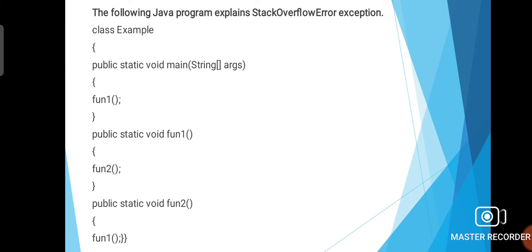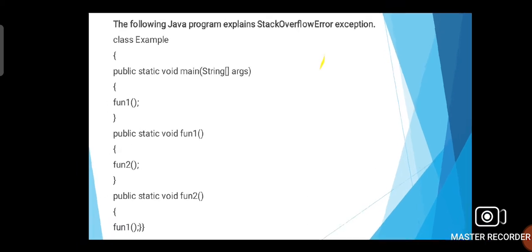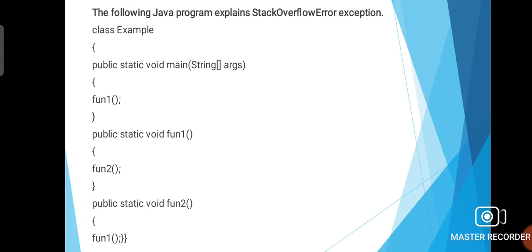For example, in this program we are calling the function fun, and fun1, and inside fun1 we are calling the function fun2, and inside fun2 we are calling the function fun1. So here the functions will be called repeatedly without termination. The functions will be called an infinite number of times. So this leads to stack overflow.